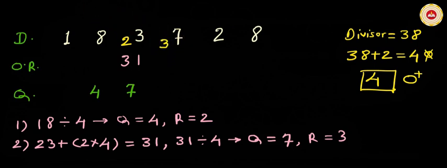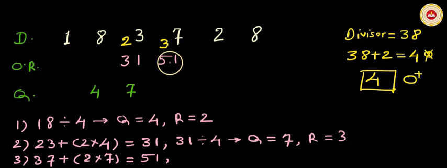Correct? Now step number 3, 37 plus what to add? 2 times the last quotient. That means 2 multiplied by 7. So how much? 37 plus 14. 37 plus 10 is 47, plus 4 is 51. Now write this 51 as the second osculation result below 37.